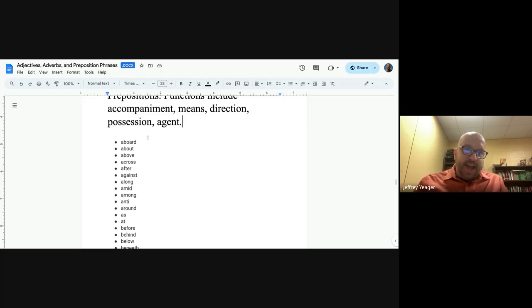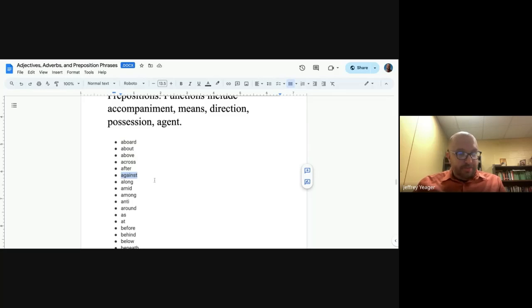So, where can a cat go? Aboard the ship. Above the shelf. Across the river. After the mouse. Against the wind. Along the river.